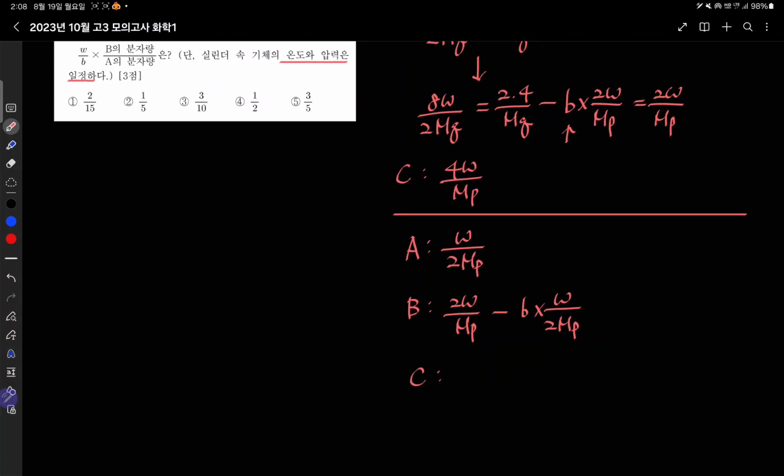And for gas C molecule, to this, add 2 times the number of gas molecule consumed.